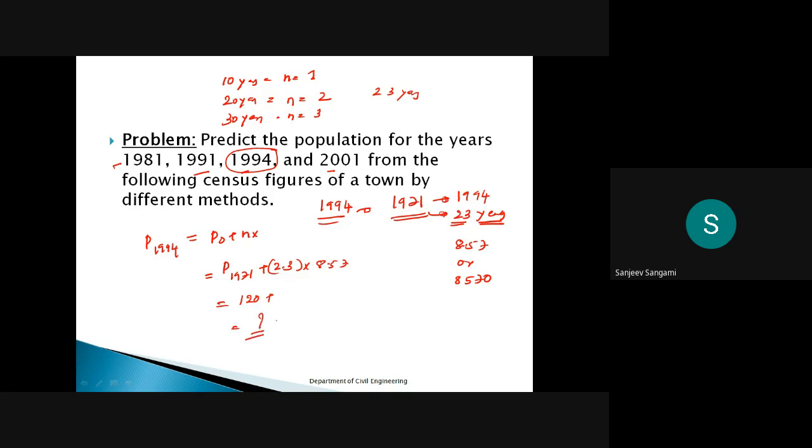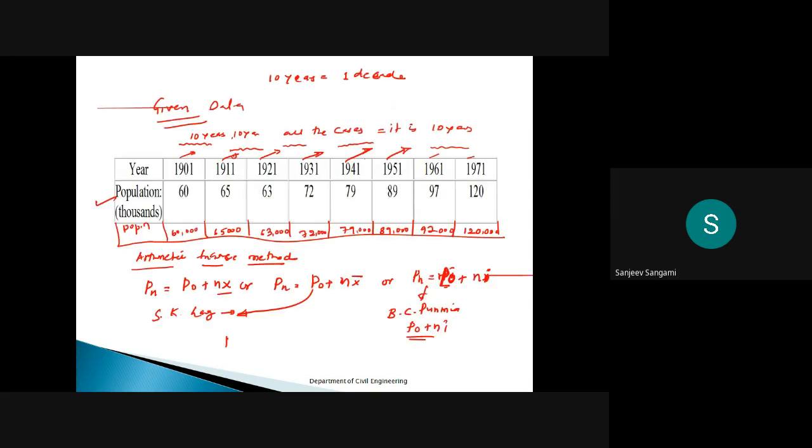Even if they are given in fractions, for example 1999, how should I calculate it? That will be one problem. Similar kinds of problems, they may twist in most of the GATE and IES examinations.